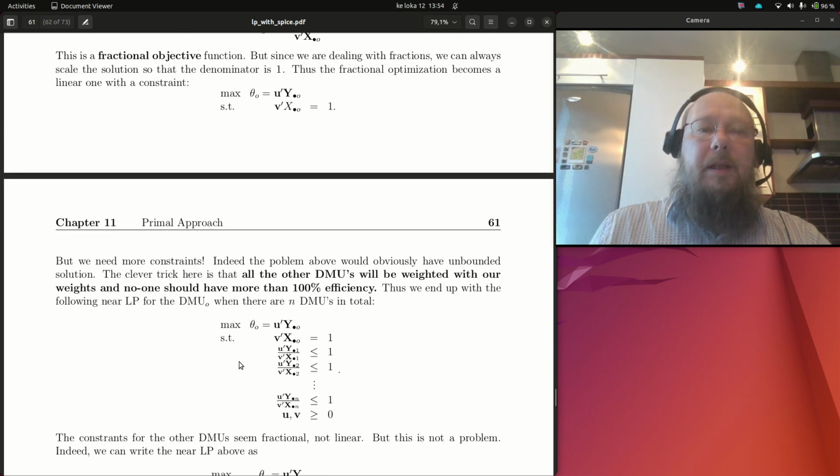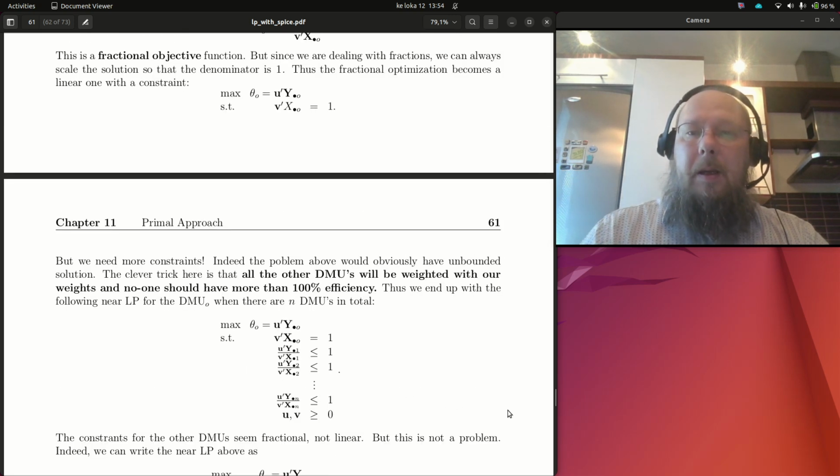So this is how we end up with this kind of optimization problem.